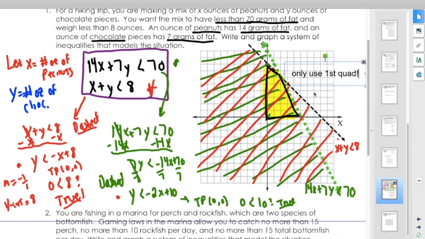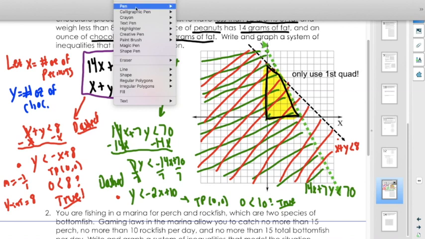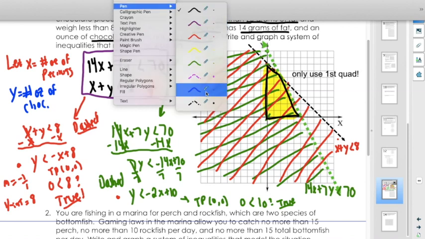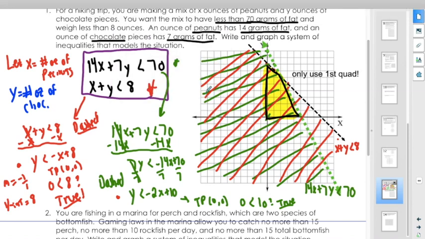Right? Only use the first quadrant, and then let's draw our big letter S for our solution. And we should be good. Here's my S. That's my solution right there. Okay?